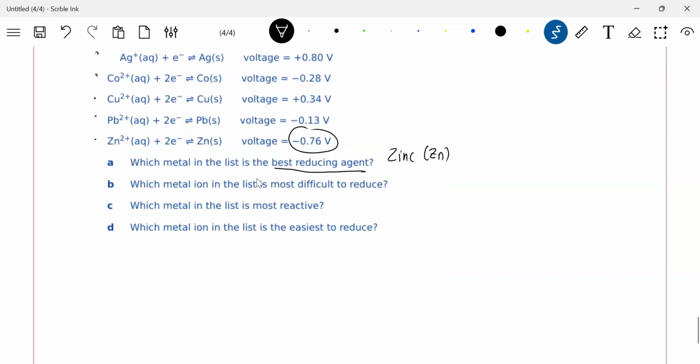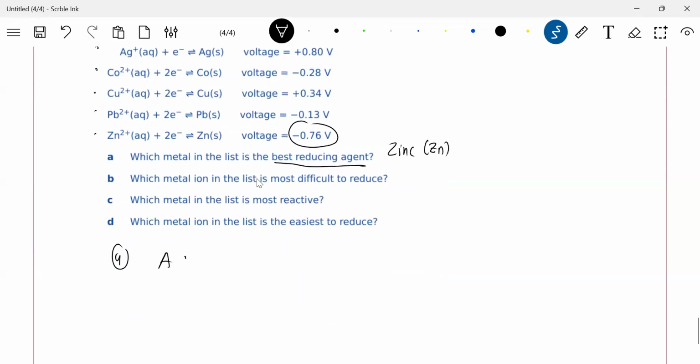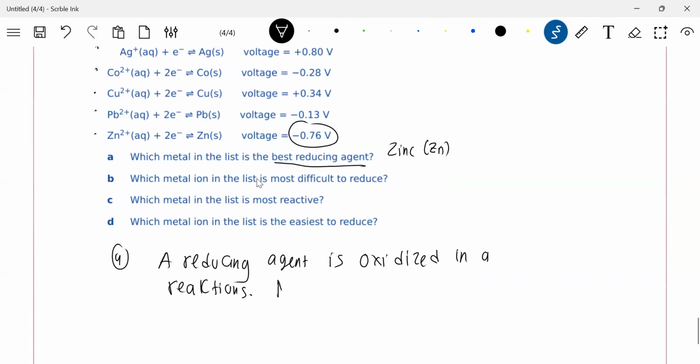I will give you the explanation for number A. A reducing agent is oxidized in a reaction, for the metal with the most negative electrode potential.